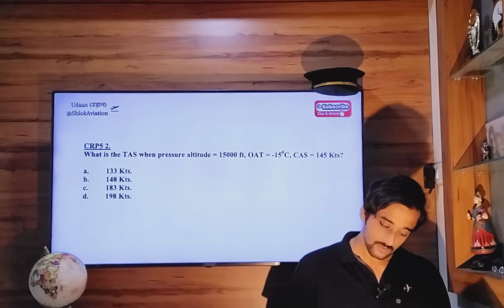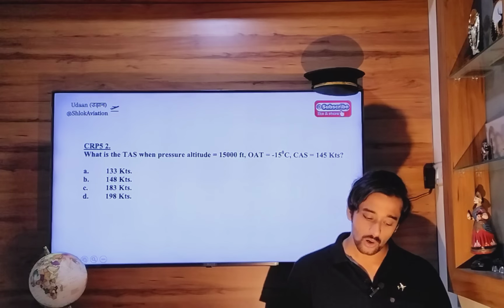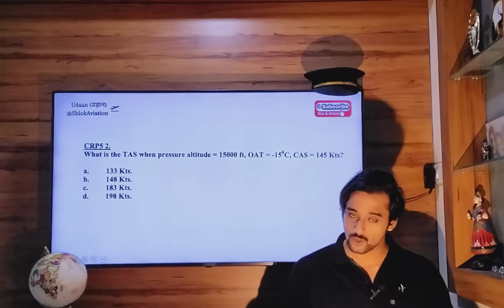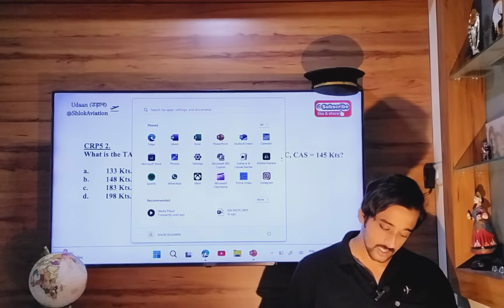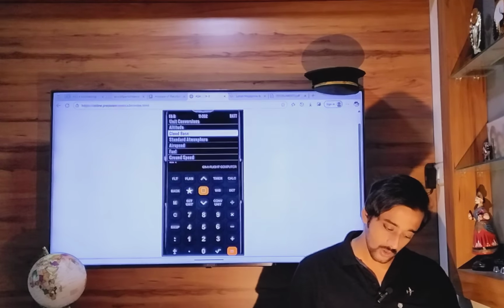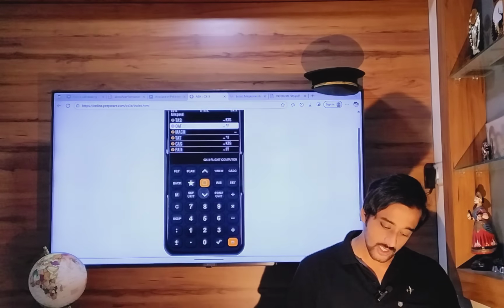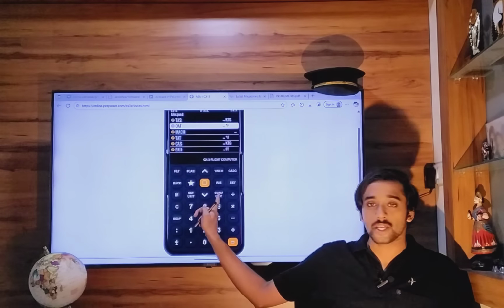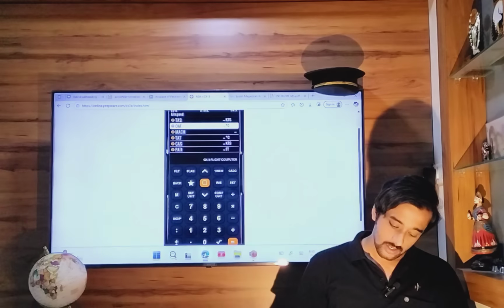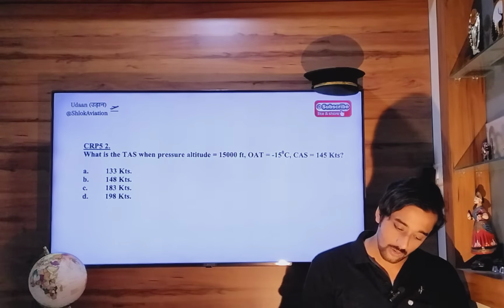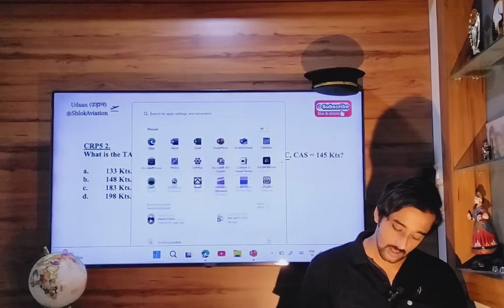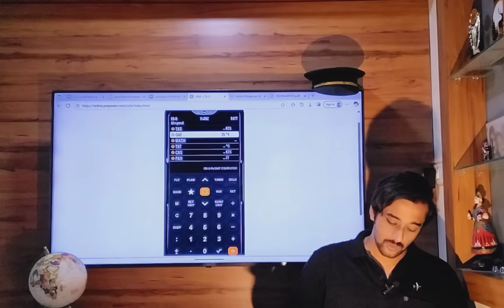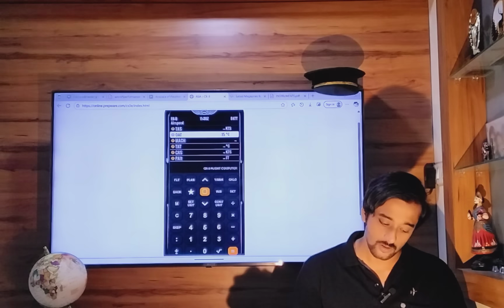Next. What is the task when pressure altitude is so and so, outside temperature is so and so, calibrated airspeed is so and so? Let's use the CX-3. So go to airspeed, outside air temperature in Fahrenheit. Convert this into Celsius. Press the convert unit button, and so outside air temperature minus 15. So write 15 and then press the plus minus button to insert the minus sign.